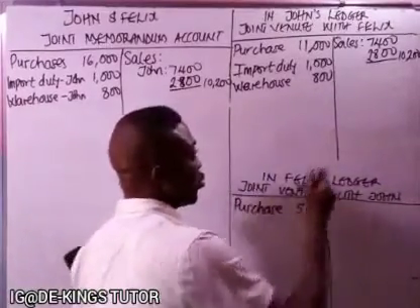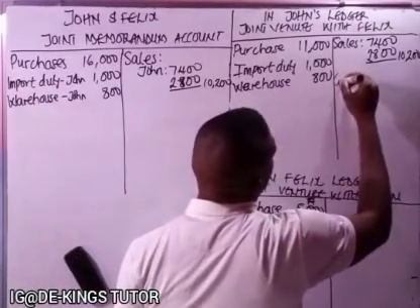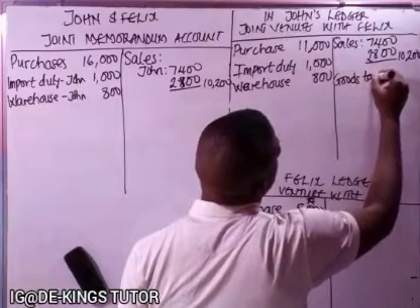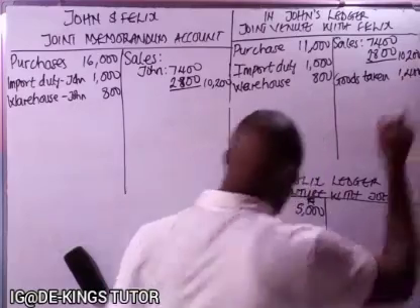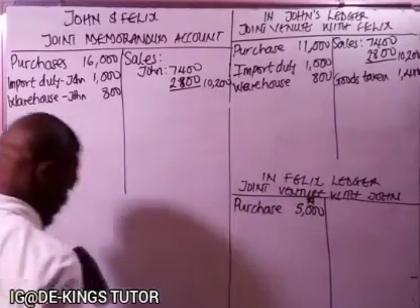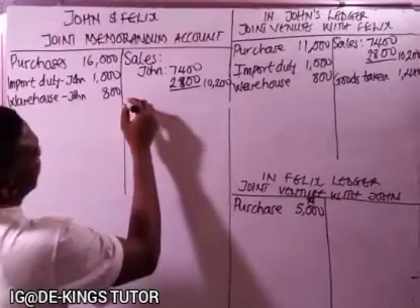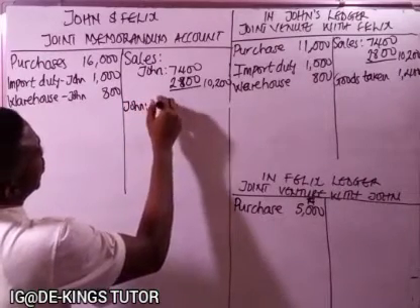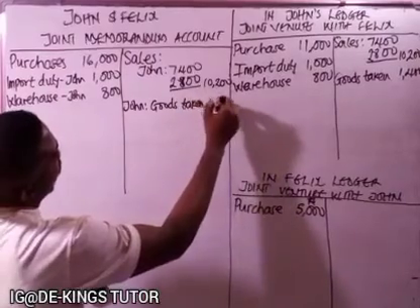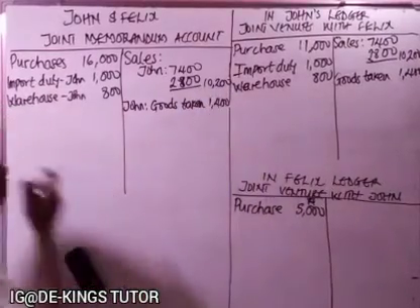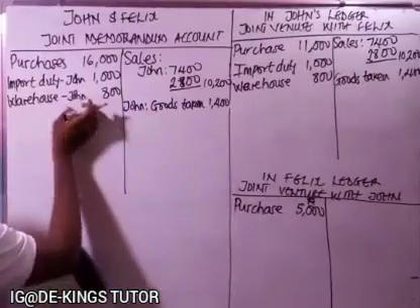We've done that in the introduction video. So write in John the goods taken. They said it is worth 1,400. Now you come to this part. Write John goods taken also 1,400. We're indicating the name of the co-venturers.